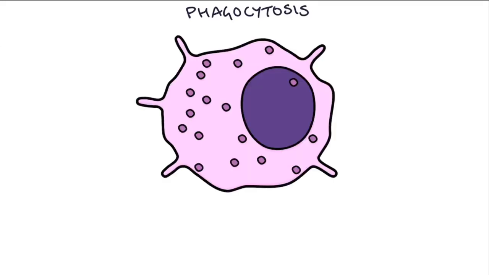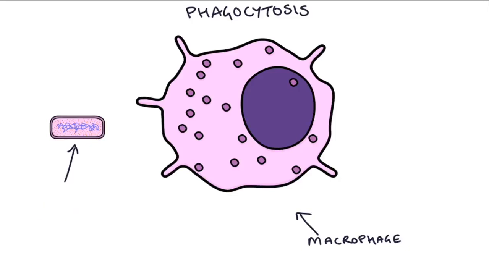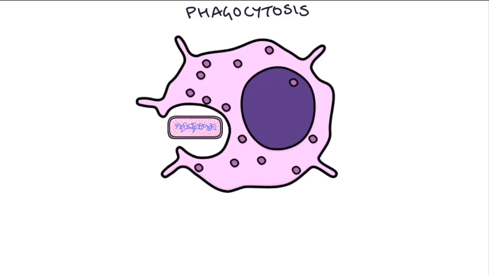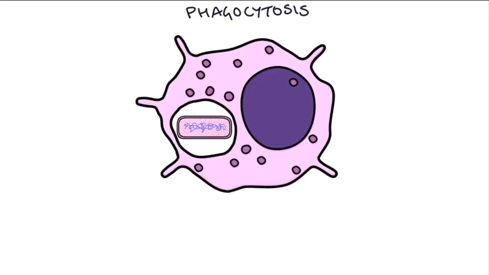At this point, I need to talk briefly about a process called phagocytosis. Now, phagocytosis is the process that macrophages and other phagocytes like neutrophils use in order to destroy pathogens. So what happens is, once they've recognized the pathogen, they start to wrap their cell membrane around that pathogen and absorb it inside their cell.